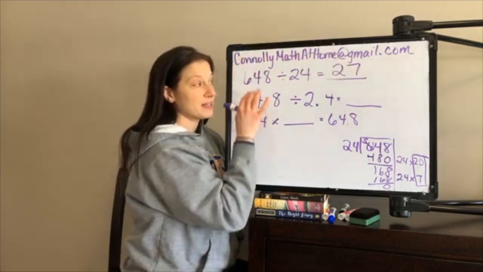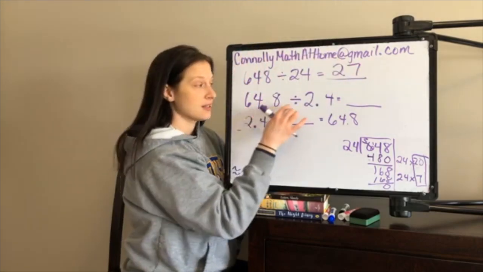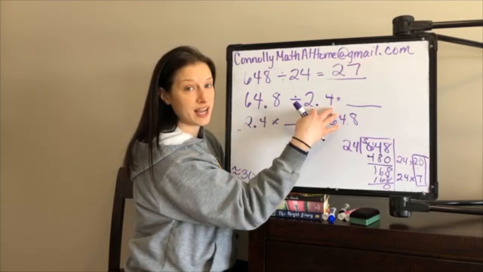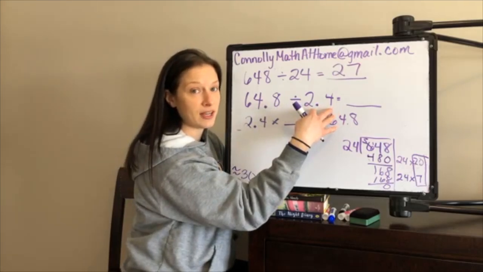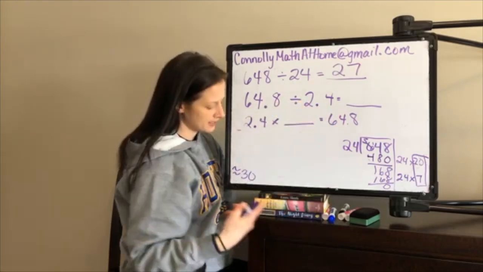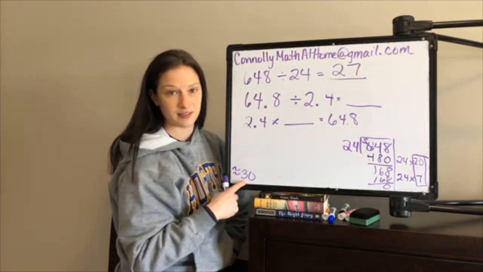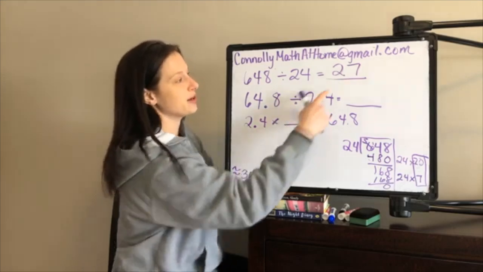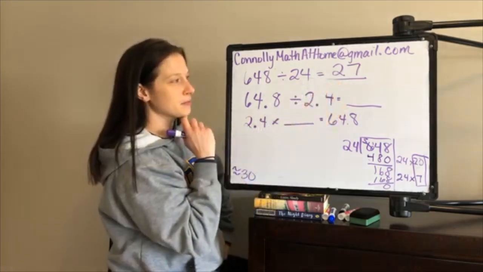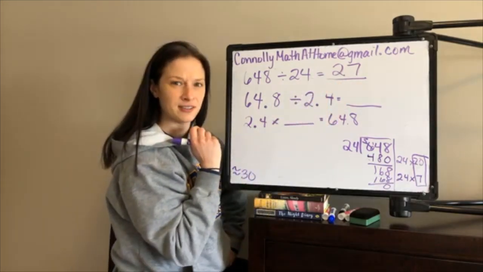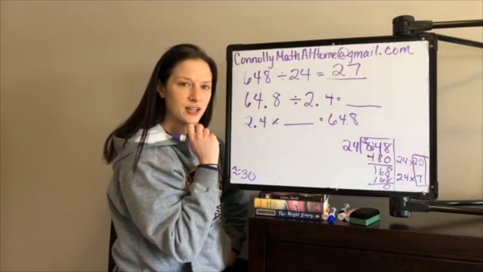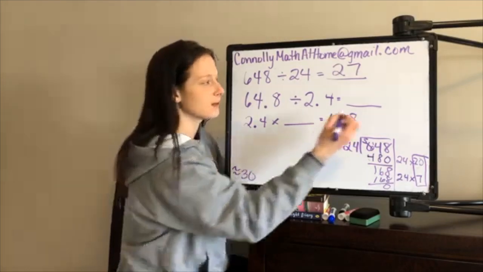I'm only biking 64 and 8/10 miles over 2 and 4/10 days. So let's go down to my estimate, which I thought was going to be around 30. I look at my whole number quotient and say, 27, that's close to 30. That's close to my estimate.